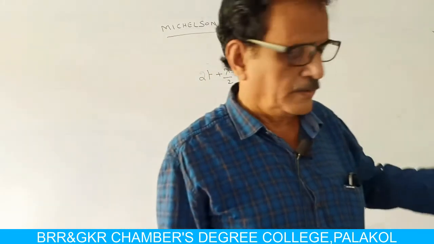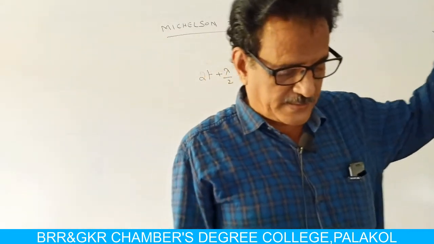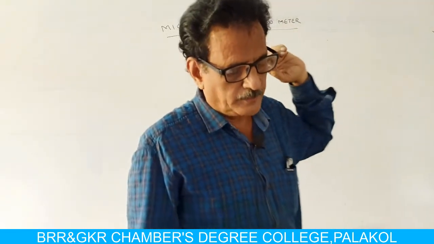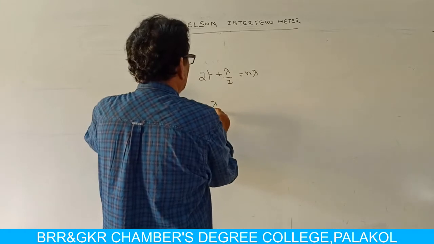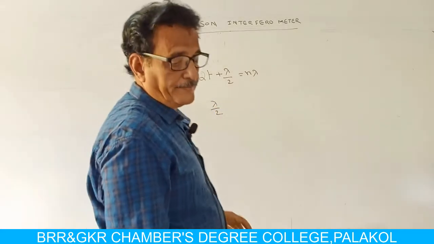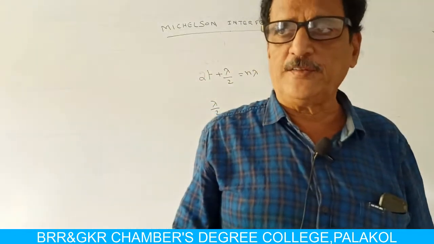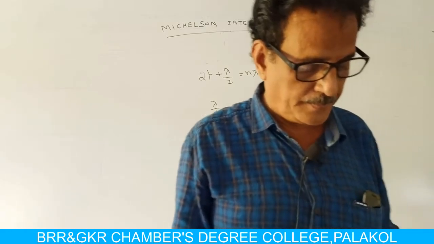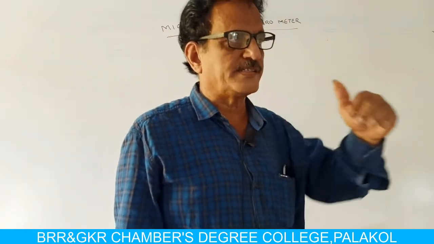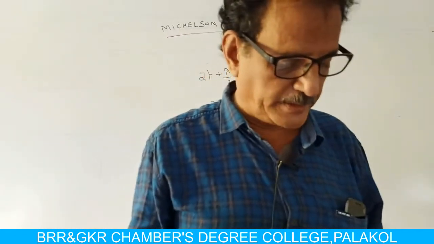If the mirror M1 is moved through a distance of lambda by 2, then the path difference is increased by lambda by 2 plus lambda by 2, that is lambda.